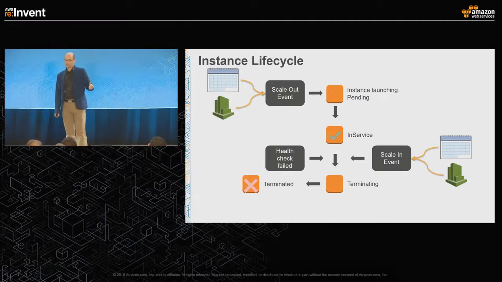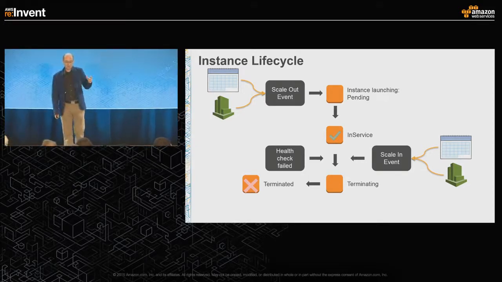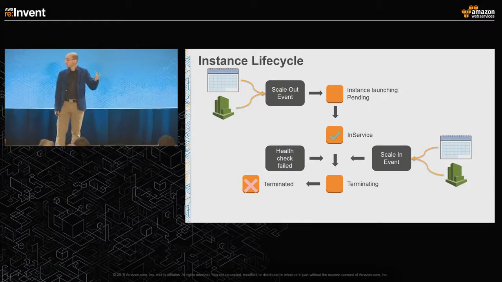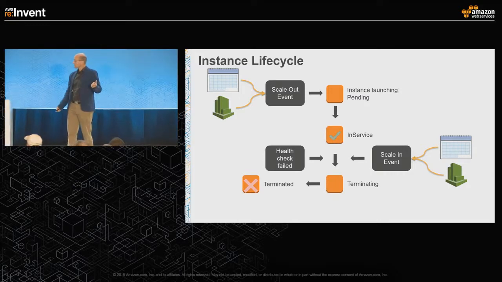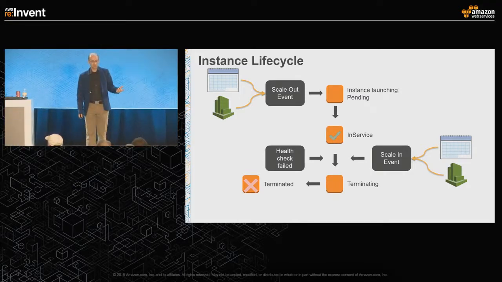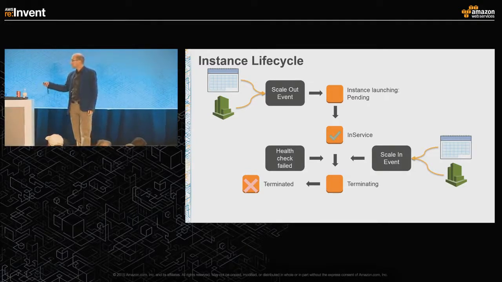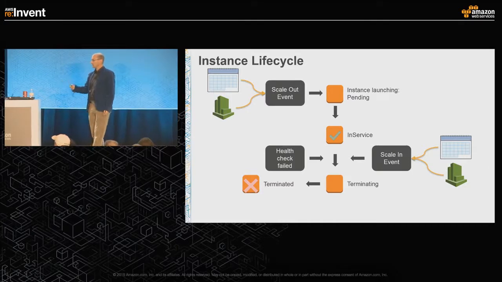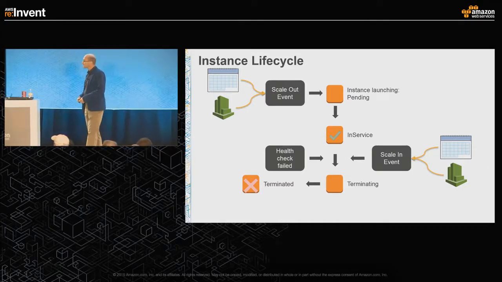So it doesn't collect metrics, and it doesn't register it to the ELB until that instance is actually up and running, until it's in service. And if the health check works, it stays in service and is registered with the ELB, for example, until it fails a health check or until a scale-in event occurs, and then the instance moves into the terminating state and the terminated state. Okay, fairly straightforward state machine.